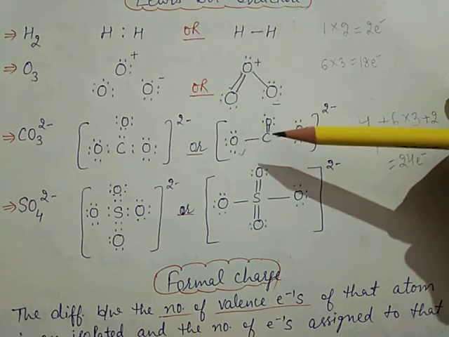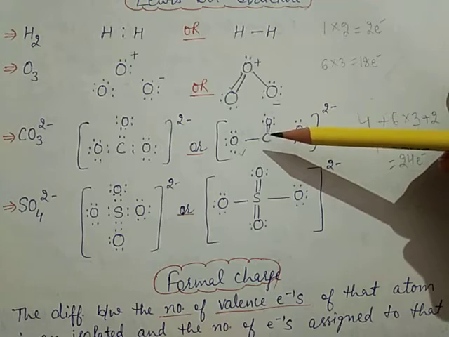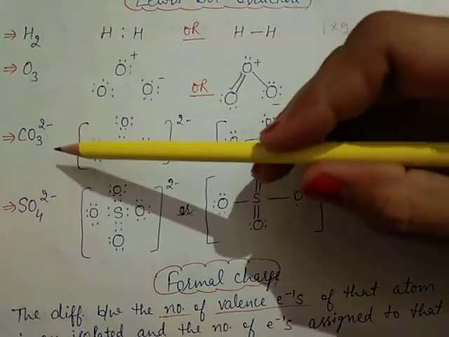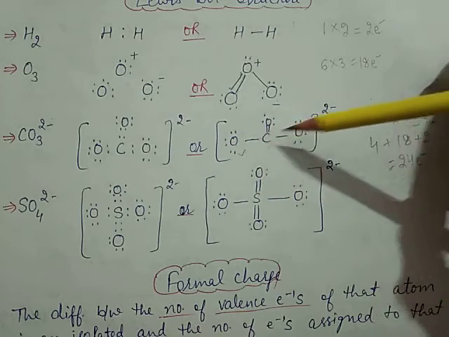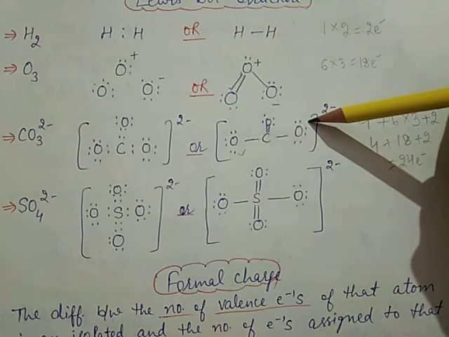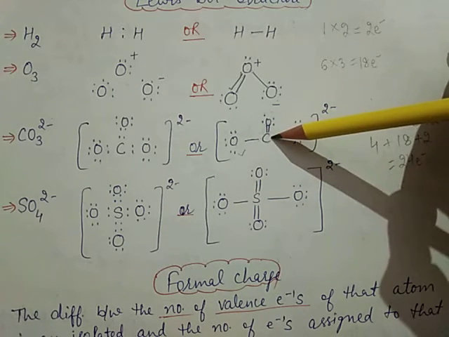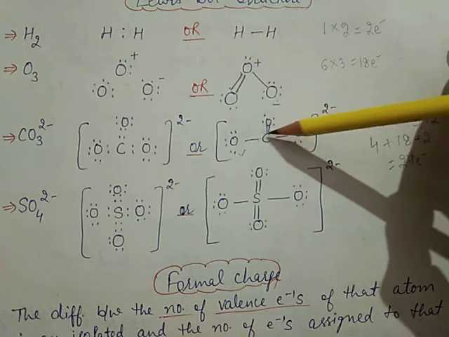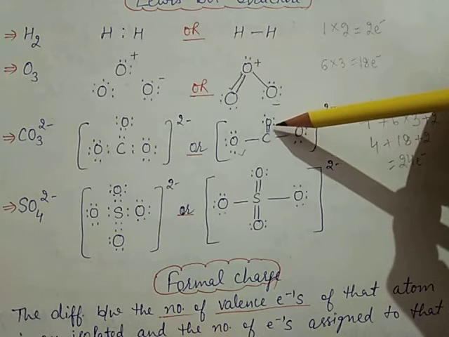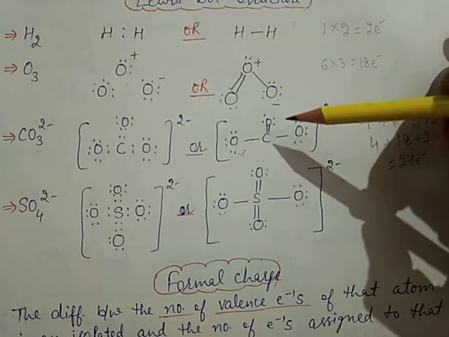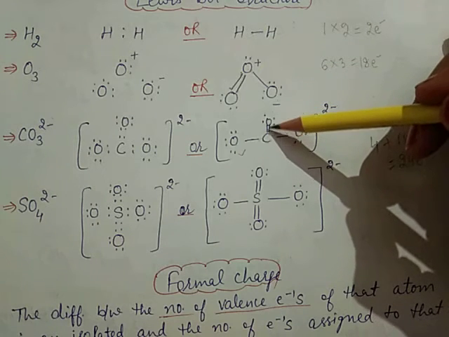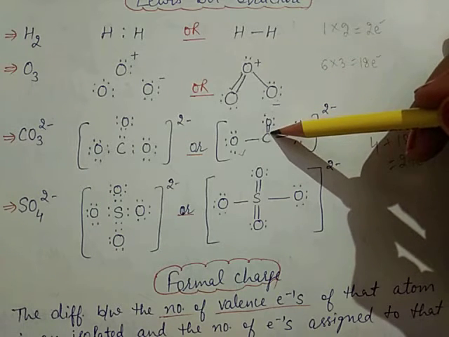Why does this oxygen form a double bond? Because a 2 negative charge is present on the oxygen atoms, meaning 2 oxygens have a negative charge and 1 oxygen is left that has no charge, meaning neutral, and the neutral atom will share the 2 electrons, so it will form a double bond.